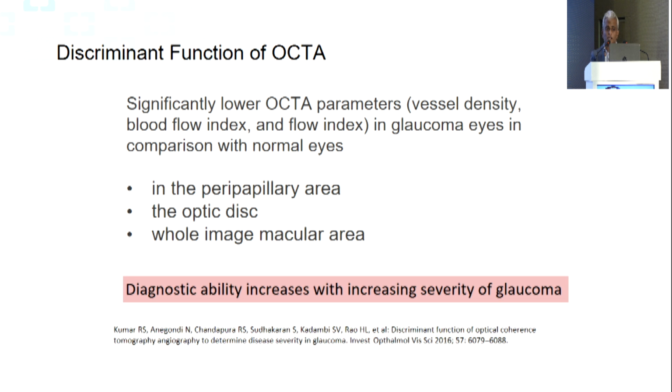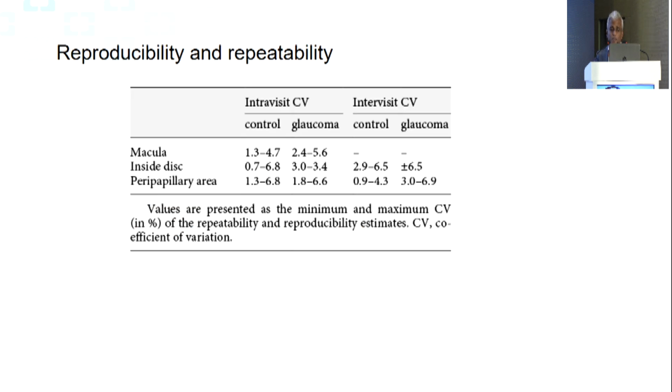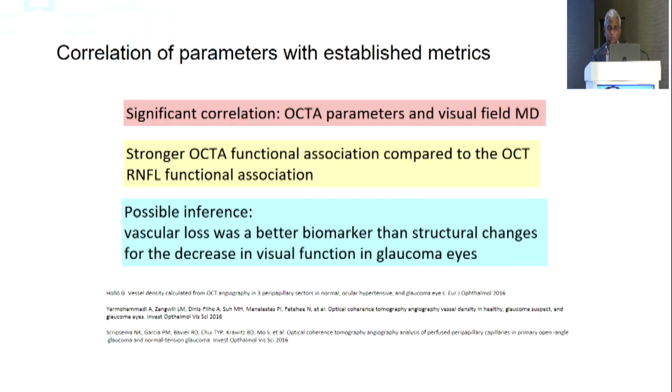So significantly lower OCTA parametrics in glaucoma eyes have been seen in comparison with normal eyes. And the diagnostic ability increases with increasing severity of glaucoma. Now that's tricky because we don't need OCTA to identify glaucoma when it's severe. We already know by looking at it clinically. Reproducibility and repeatability have been found to be pretty good.